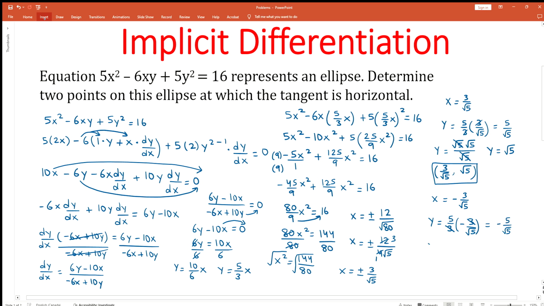We can reduce this fraction to just negative square root 5. So the second point at which the tangent is horizontal is negative 3 over square root 5, comma, negative square root 5. This should be the final answer for this problem.